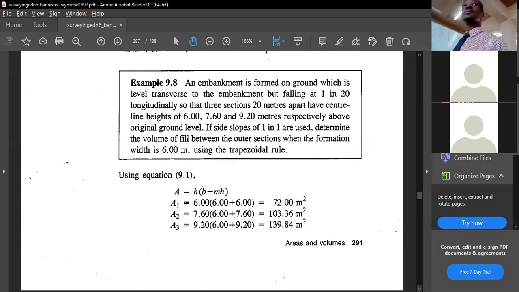Are you okay? If it's an embankment, the center line goes through like that. But then the H's are actually here, different H's. So that's the 6, 7, 9.2. Okay? All right. So look at this line here.